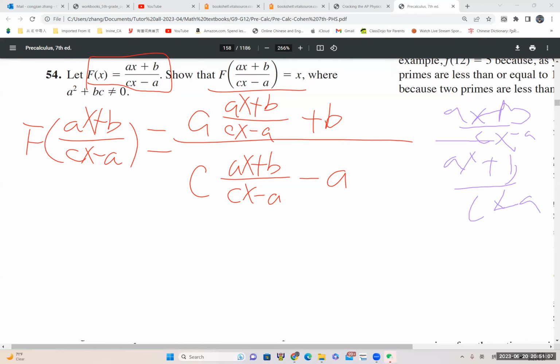So let me hold it. Run. So you mean both numerator and denominator multiply this, right? This and this, they are the same, right? Neil, what's your idea? Let me see. Oh, you mean this equal to this? Here is x.